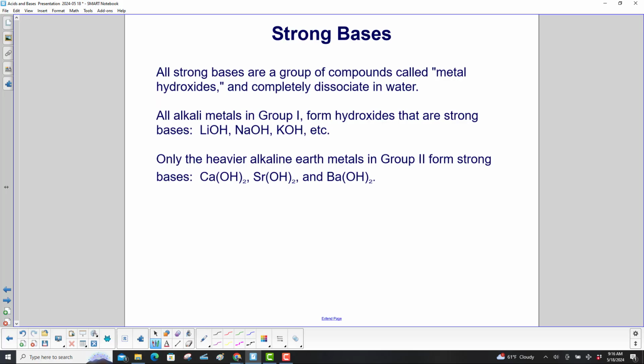All strong bases are a group of compounds called metal hydroxides and completely dissociate in water. All alkali metals in group 1 form hydroxides that are strong bases: lithium hydroxide, sodium hydroxide, potassium hydroxide, etc. Only the heavier alkaline earth metals in group 2 form strong bases: calcium hydroxide, strontium hydroxide, and barium hydroxide.